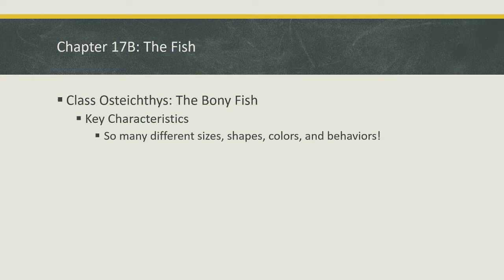Okay, so some key characteristics of the bony fish. First of all, there's just so many different sizes, shapes, colors, and behaviors. They're just such variety. I feel like it's that with almost any category of animals that you look at, just how much variety there is.